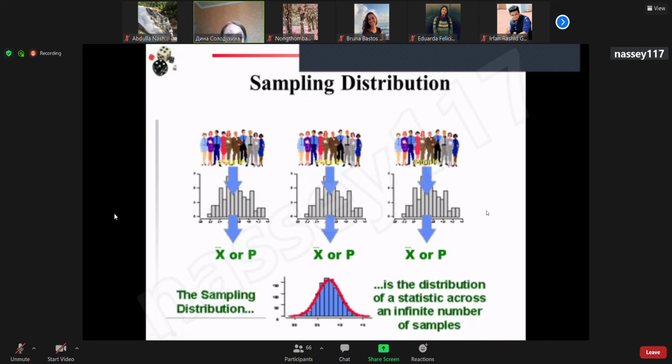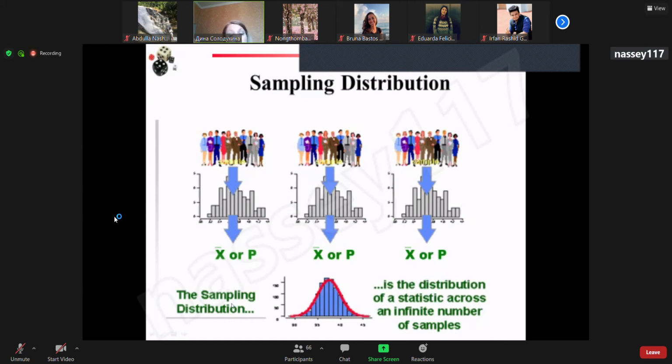For example, you can see here different samples. So there are three different samples. And in every sample, we can estimate our parameter. For example, if you measure average blood pressure in three different samples, it will be the measure of X, or the mean in the sample. In sample 1, it will be X1, in sample 2, X2, in sample 3, Xn.